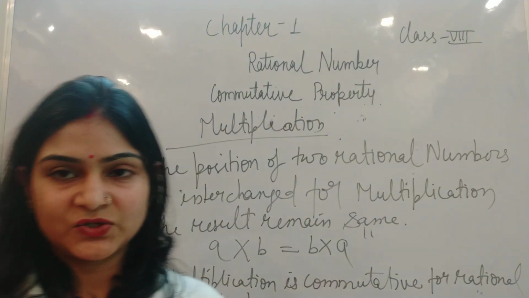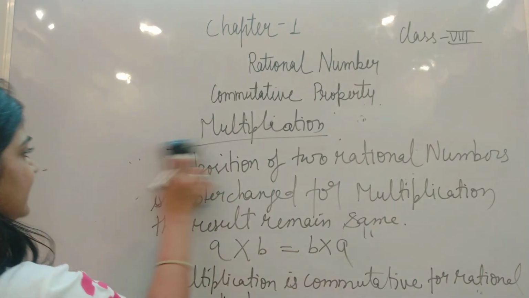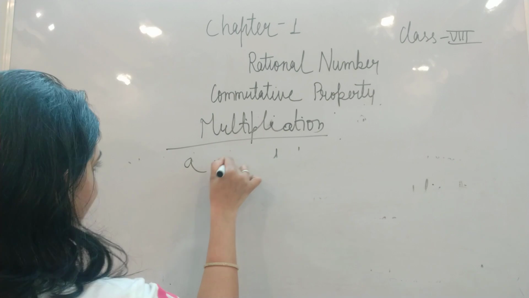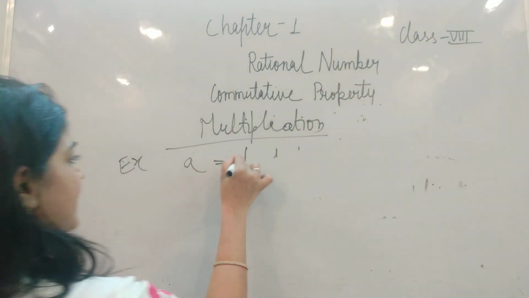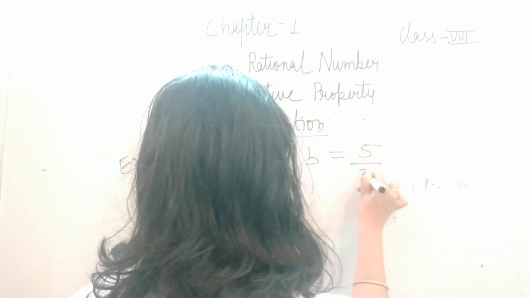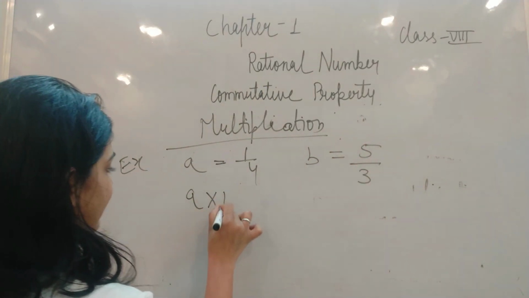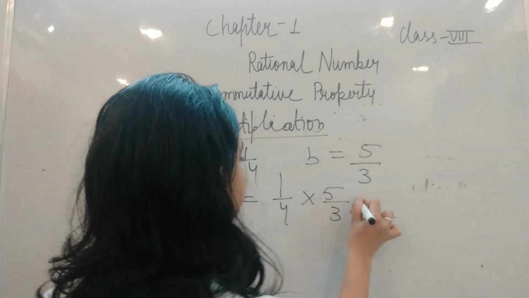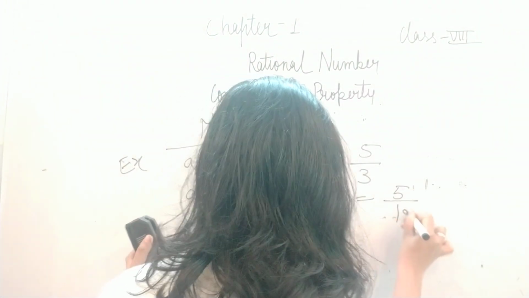For understanding this concept, I take one example. The value of a is 1 by 4 and the value of b is 5 by 3. If we multiply a with b, what will we get? We will get 5 by 12.